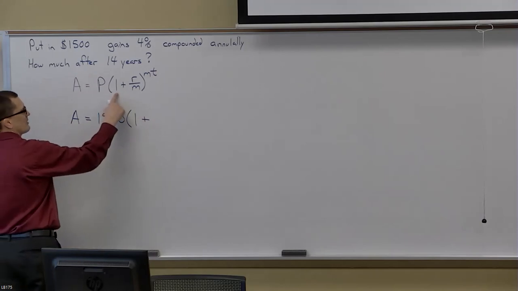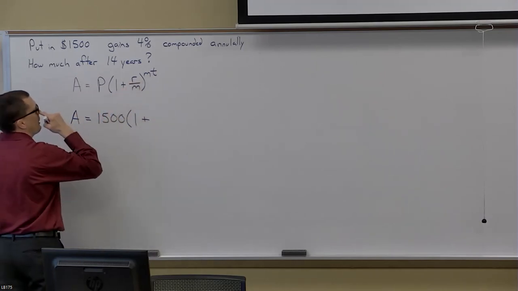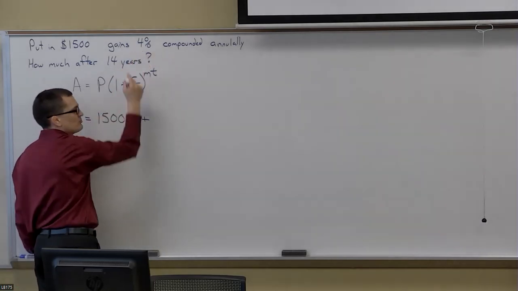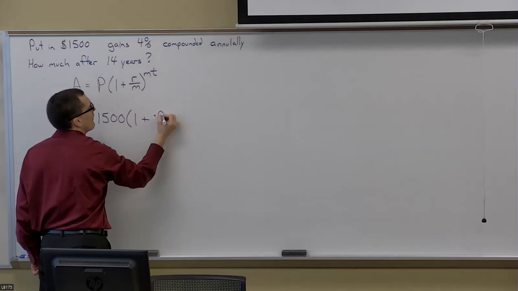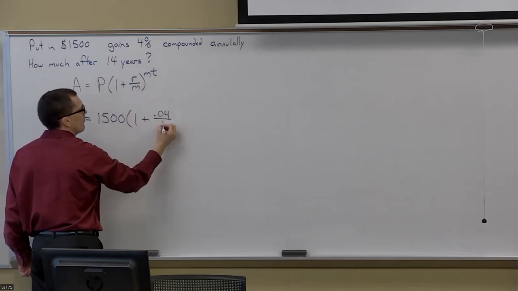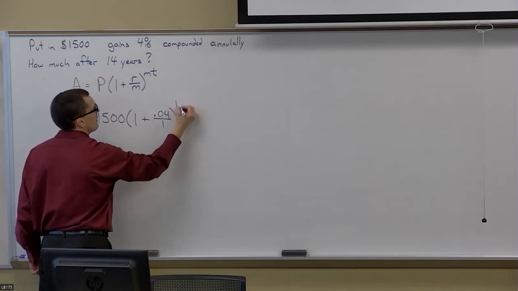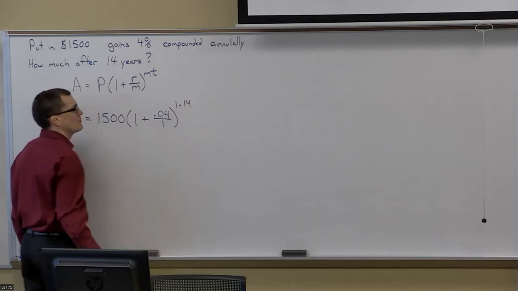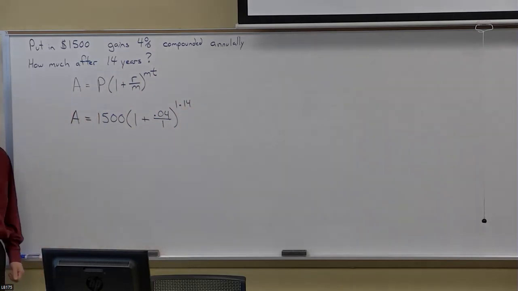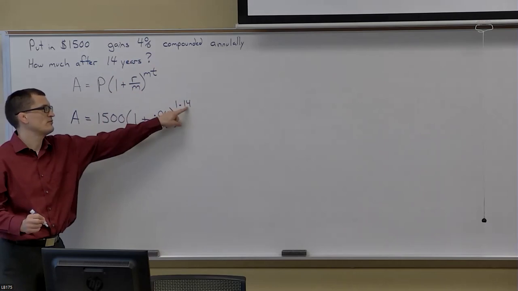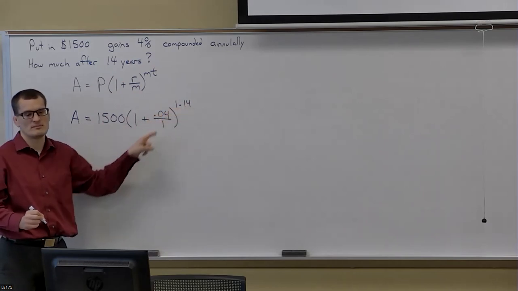In parentheses, I have to do 1 plus R. Now R has to be the decimal version of this rate, so it's 0.04. M is 1. And we'll divide by the 1 here. And then we're going to multiply the 14 by the 1 in my exponent.